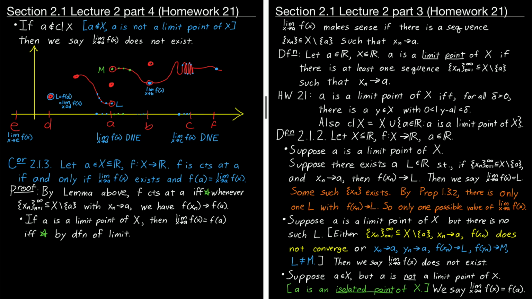And our green star condition, remember, is equivalent to being continuous at A.